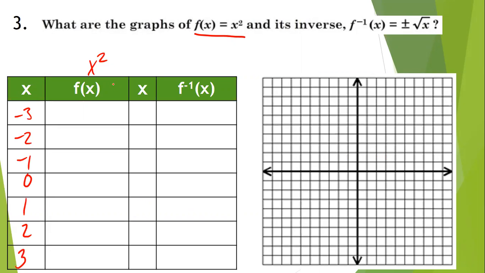So on the quadratic, -3 squared is 9, -2 squared is 4, -1 squared is 1, 0 squared is 0, 1, 4, and 9. Are y'all comfortable with that? Okay, so all we're doing is the quadratic parent function. Nothing new, nothing foreign.